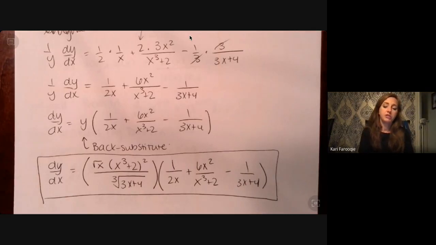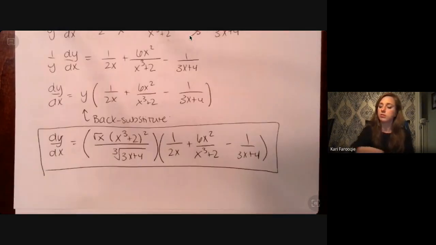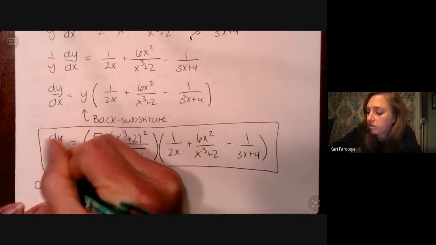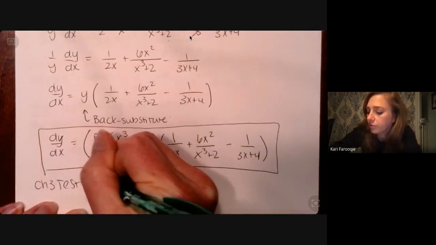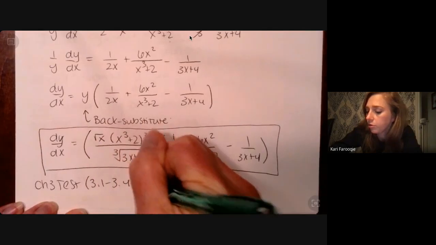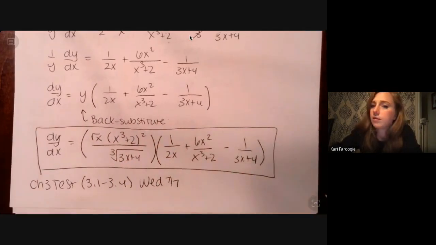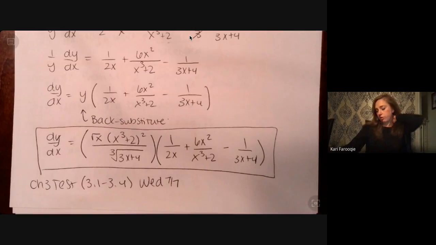Your test is on, I feel like I've written the same thing 1,000 times. Chapter 3 test, 3-1 through 3-4, is on Wednesday, 7/7, 6 p.m., normal class time, open notes, same as always. I'm proctoring you, same as always.